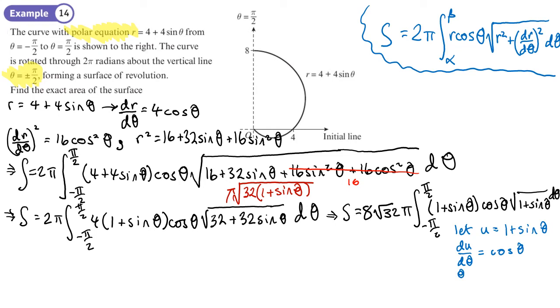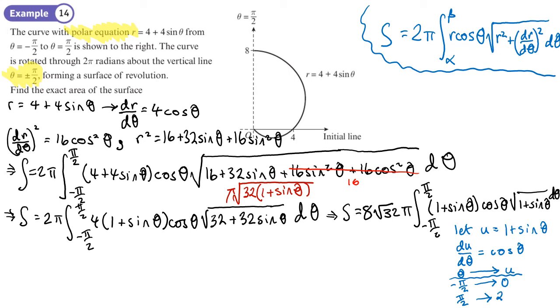My limits are negative pi over 2 and pi over 2. So let's start with the first one. If I put negative pi over 2 into here, that will give me 0. And then if I put sine of pi over 2 into here, that will give me 2.